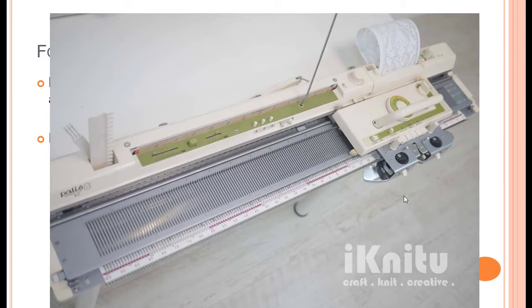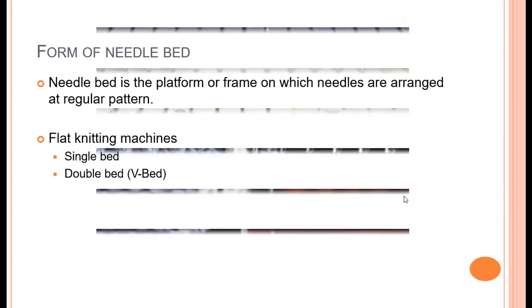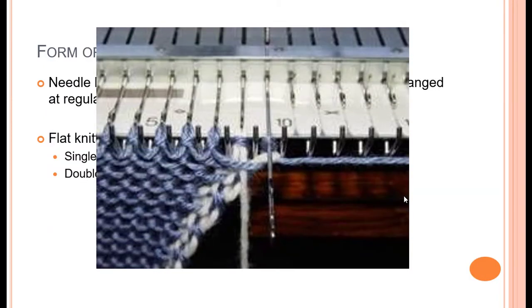For example, if we have 1000 tricks, 1000 needles can be incorporated in the needle bed. So this is just an example of a single bed weft knitting machine, and you can see in this picture these are called tricks and this is called your needle, where this needle is going to be operated in the tricks of the needle bed.